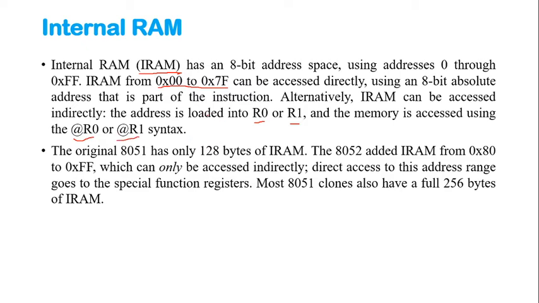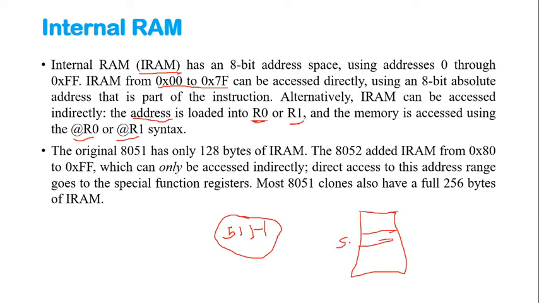Over here we need to understand one thing: the address is stored inside R0 or R1. Suppose we are storing the location 51H, and we need to find what data is available in the memory at 51H. So if this is our memory and this is our 51H, we store 51H into R0 or R1, and from that we can get @R0.